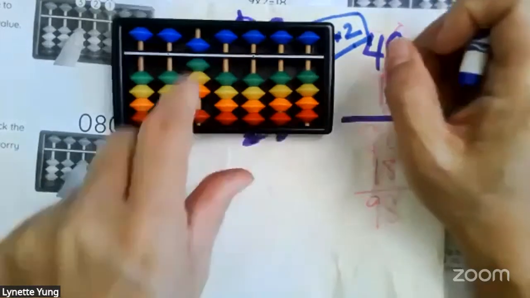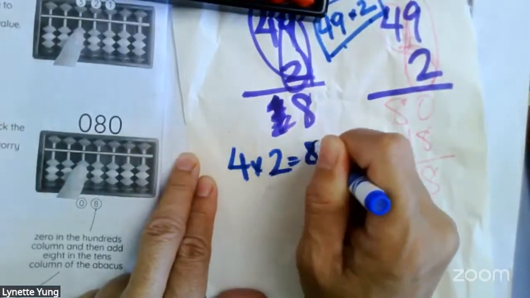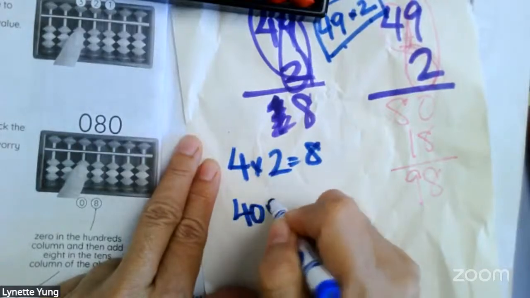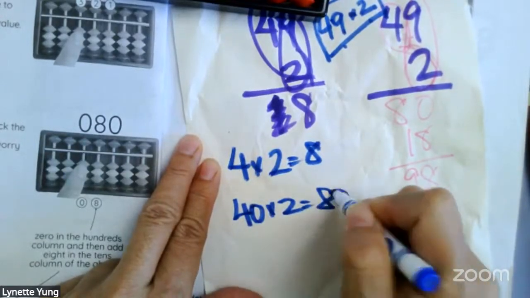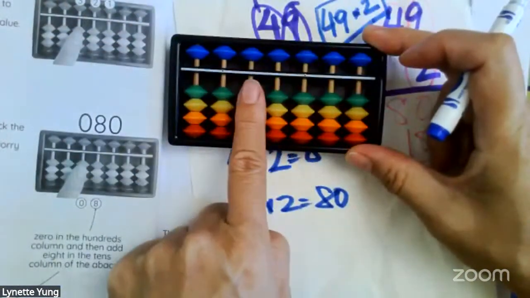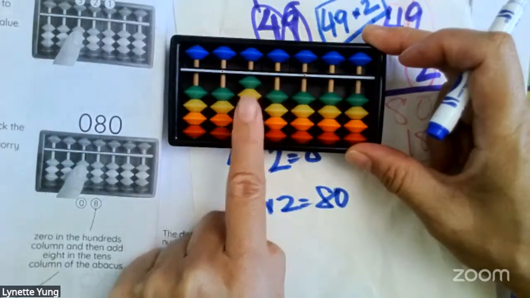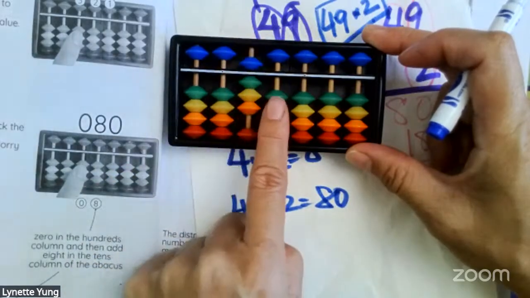Right. Because what are we doing here? 4 times 2 is equal to 8. It's actually 40 times 2 is equal to 80. But that means what? If I predetermine this, I put 8 and 0. I don't want to do 8 and 0 here.